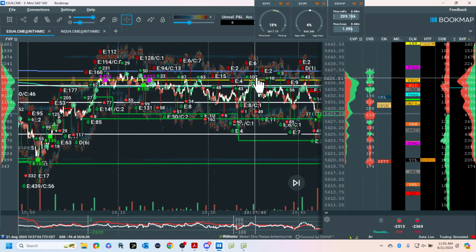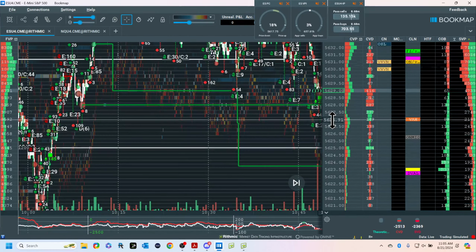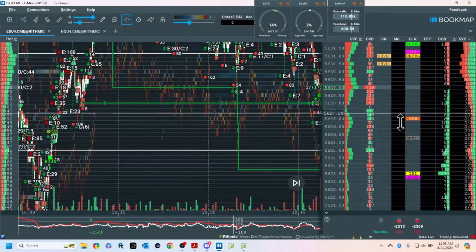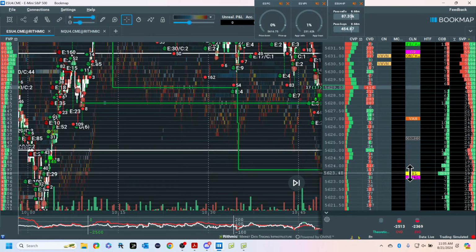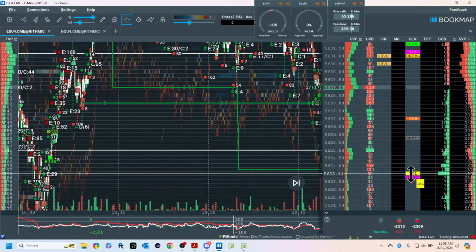Once we break down, there's two possible trades here. Once we break down and we come back under here, there's a possible short here. I'm saying possible. And there's also, if we come under here, short here.